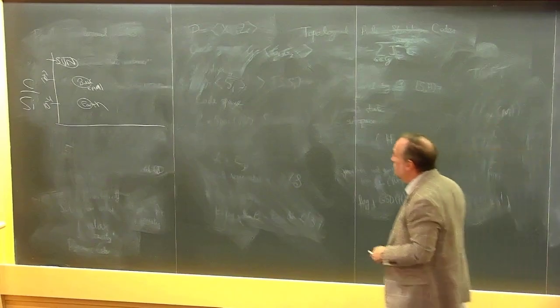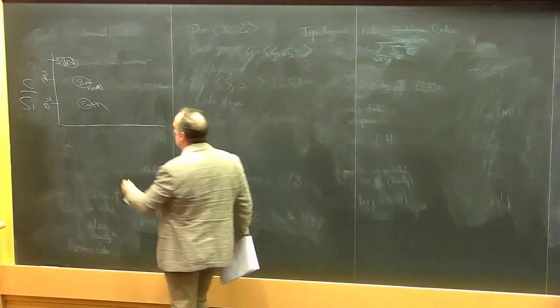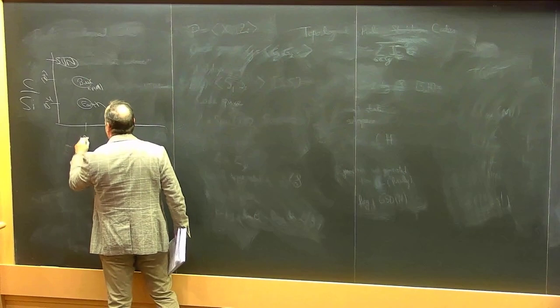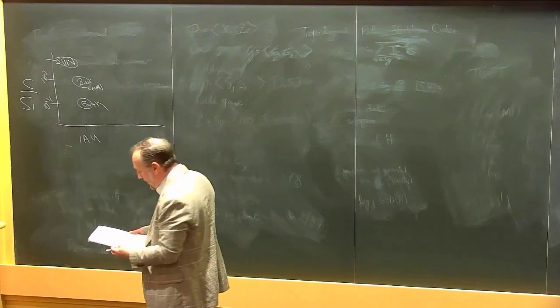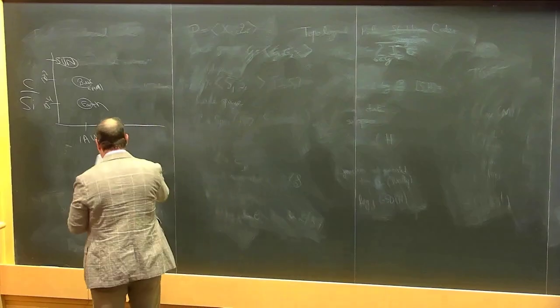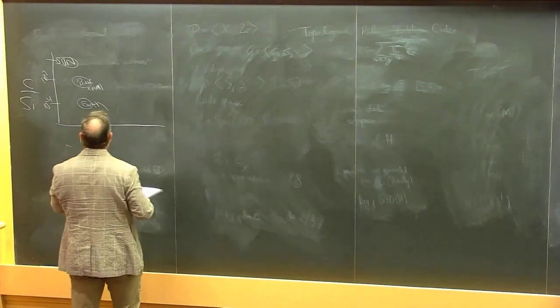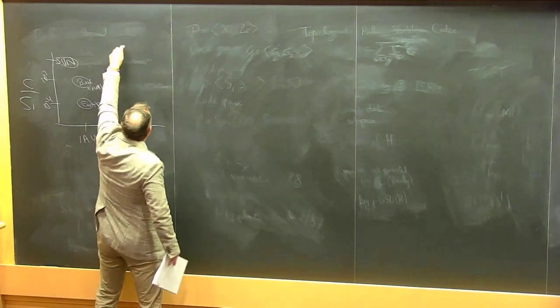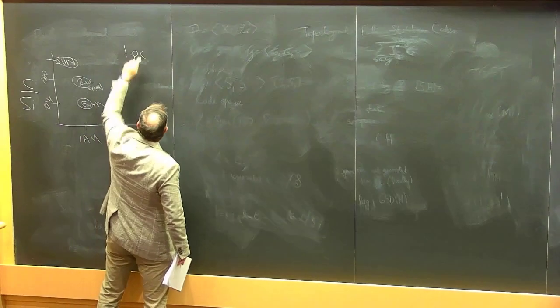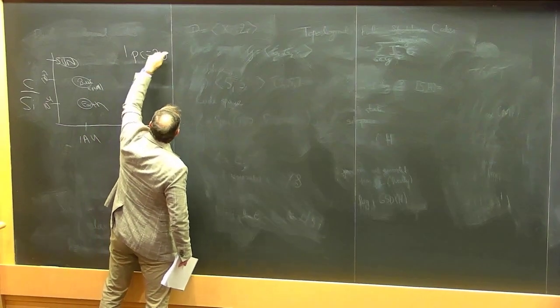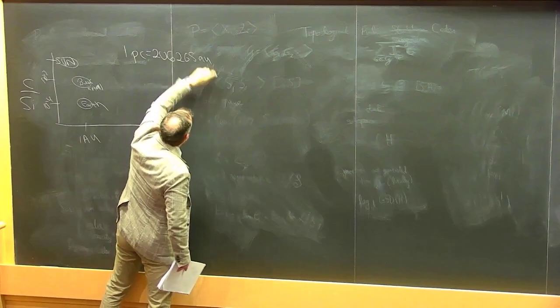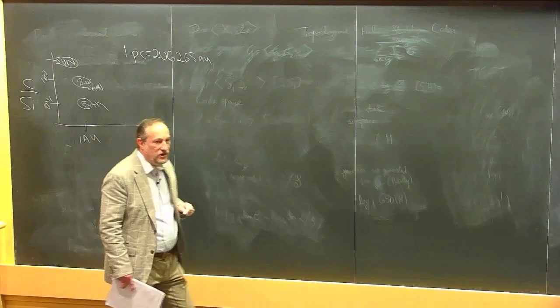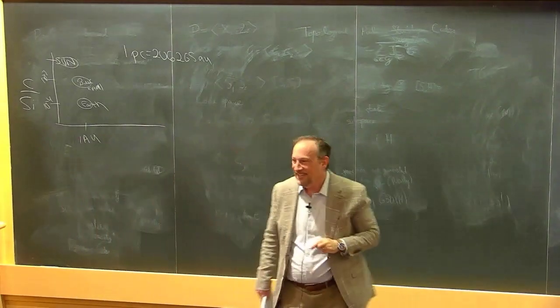If we go outward in the solar system, so this is 1 astronomical unit, and I need to define some things here. One parsec is 206,265 astronomical units. An astronomical unit is an Earth-Sun distance.